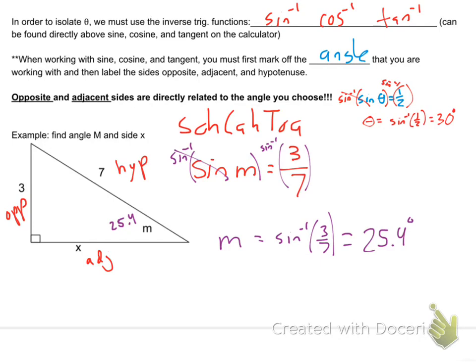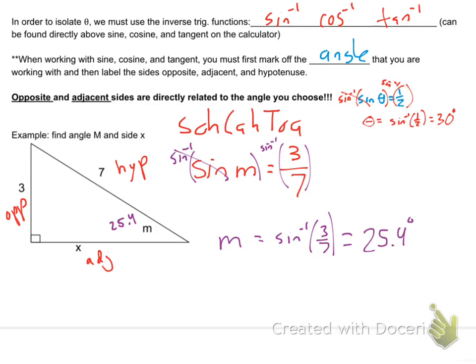I would choose not to use that to find other calculations, because what if I'm wrong and it was not 25.4? Then every number based off of that will also be wrong. But since we're learning about trig and I want you to apply the trig properties, we are going to use angle M, or 25.4, in our calculations. Otherwise, I think I would use the Pythagorean theorem to get the exact answer.